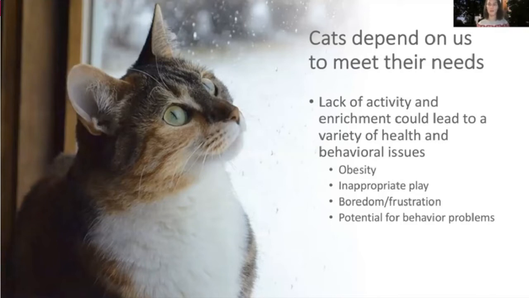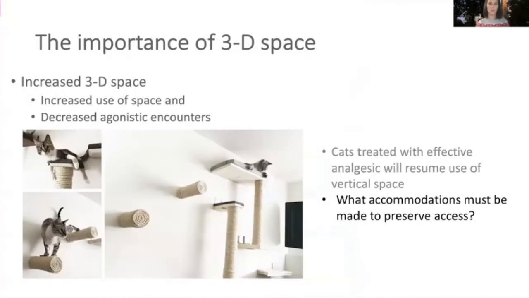We can see obesity, inappropriate play, boredom and frustration, and the potential for behavior problems. And certainly having cats go outdoors has other dangers inherent in it or other environmental effects, but it does meet some of those behavioral needs that are otherwise difficult to meet when we keep them indoors.